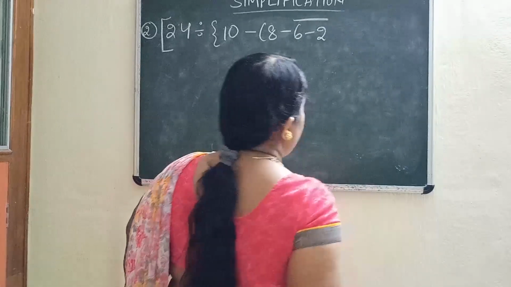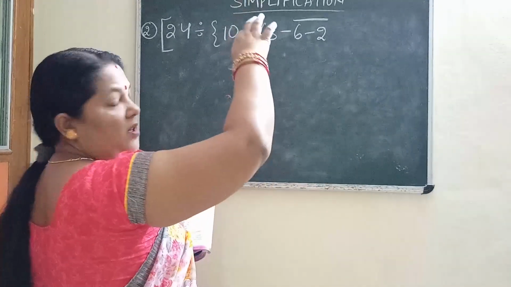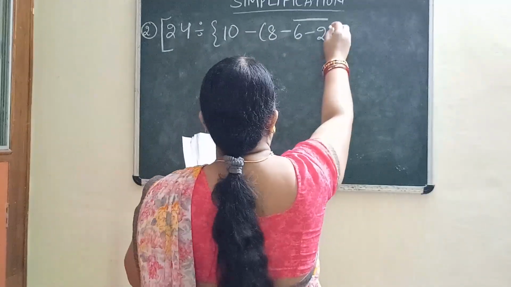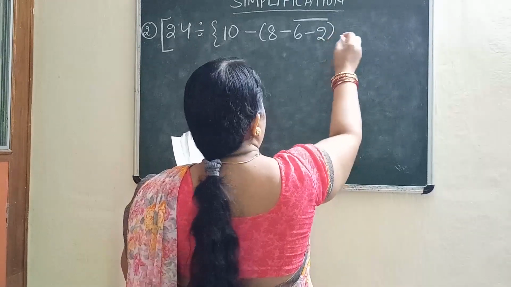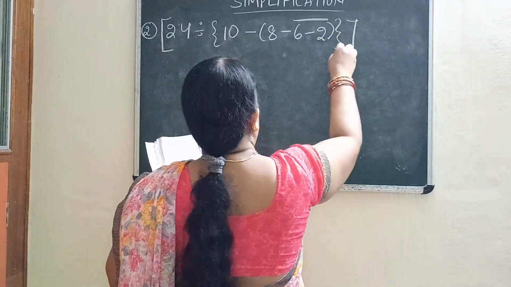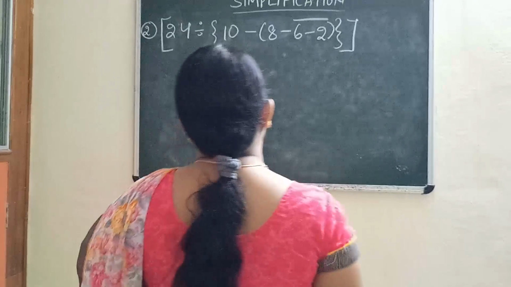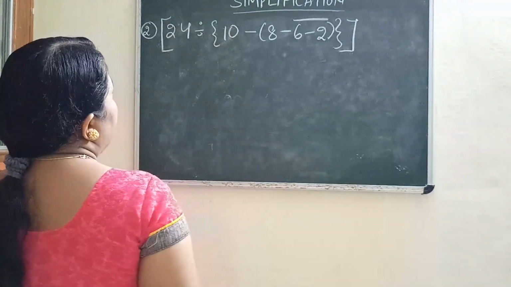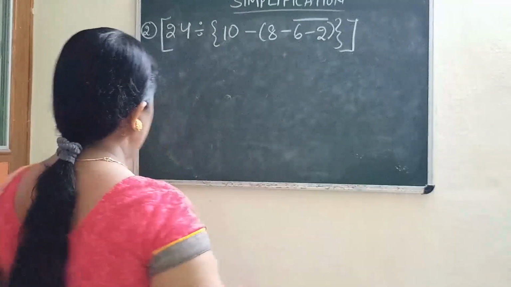See, the bar bracket is always on the top of the number. So here this bracket is over. We are going to solve this problem following the BODMAS rule.